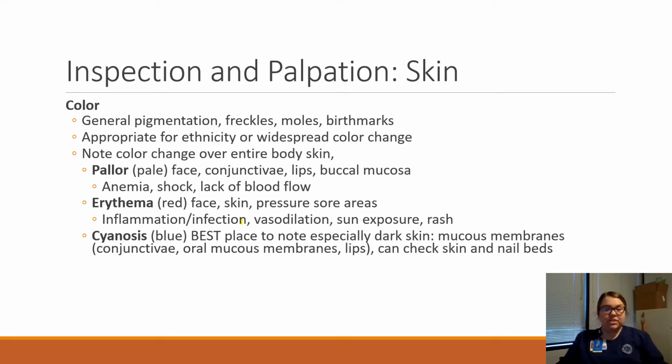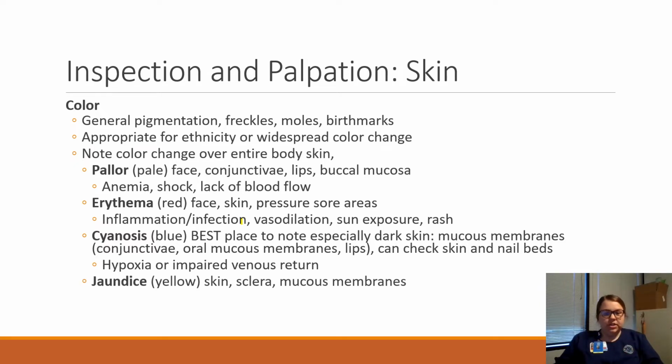Now, cyanosis. This is blue. Again, the best place to know, especially in dark-skinned clients, is our mucous membranes: conjunctiva or oral mucous membranes or the lips. You can check the skin and the nail beds. It could be due to hypoxia or impaired venous return.